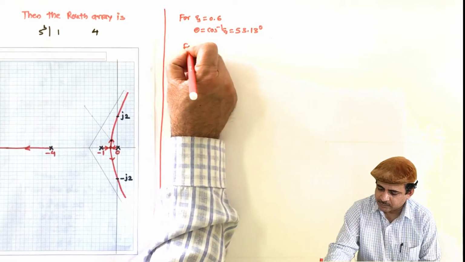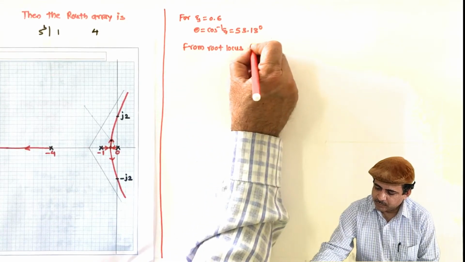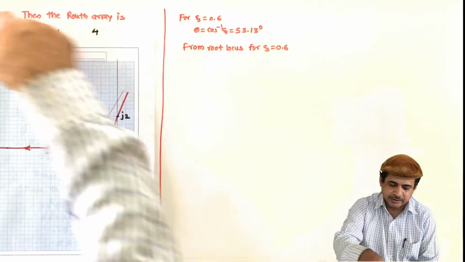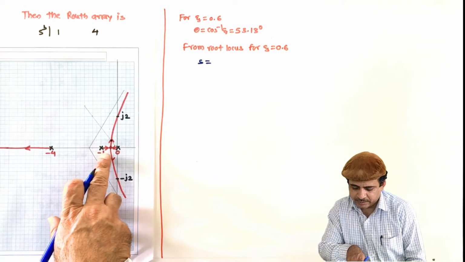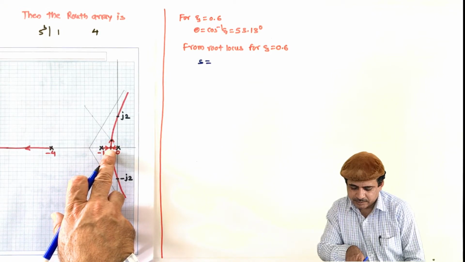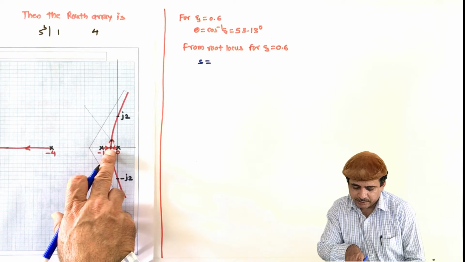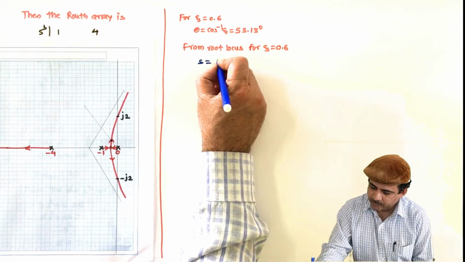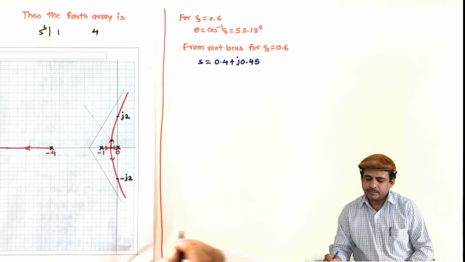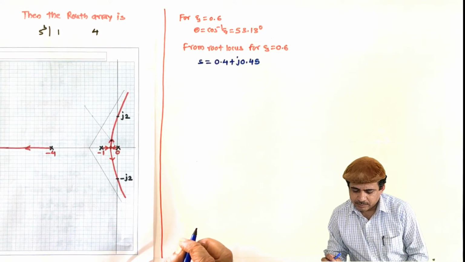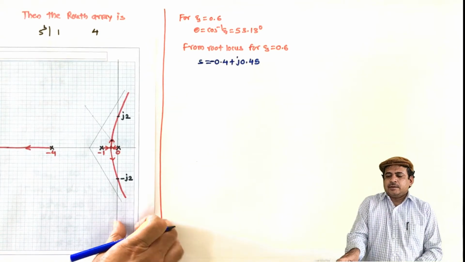So from the root locus, for zeta equal to 0.6, S is equal to, this point we have to mark, and it is minus 0.4 plus j0.45, and minus j0.45, correct.